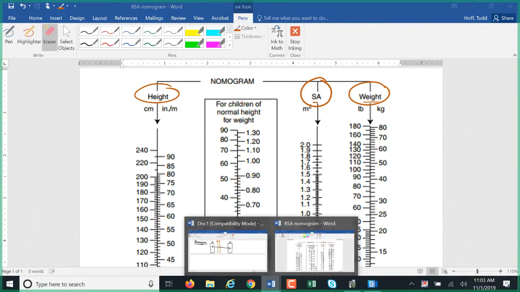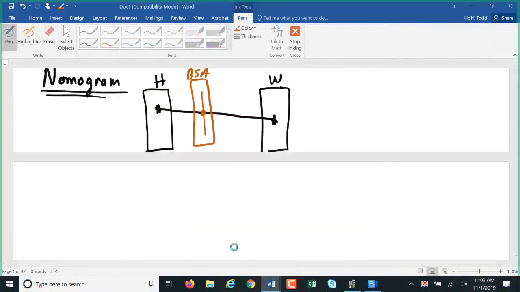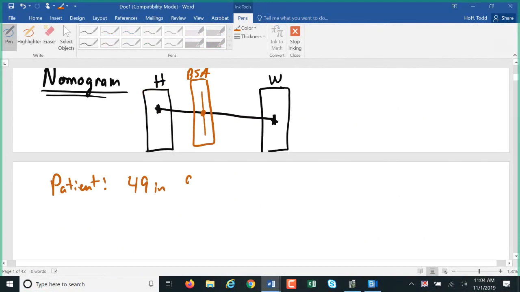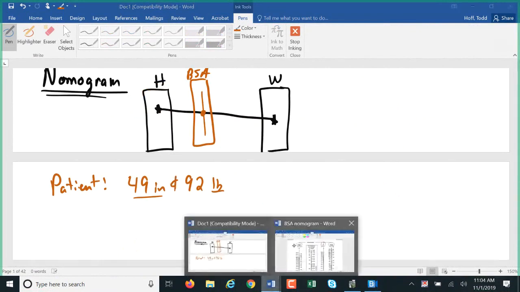So if we're looking at a patient who is, let's go 49 inches and 92 pounds. Choose the nomogram to find their body surface area.